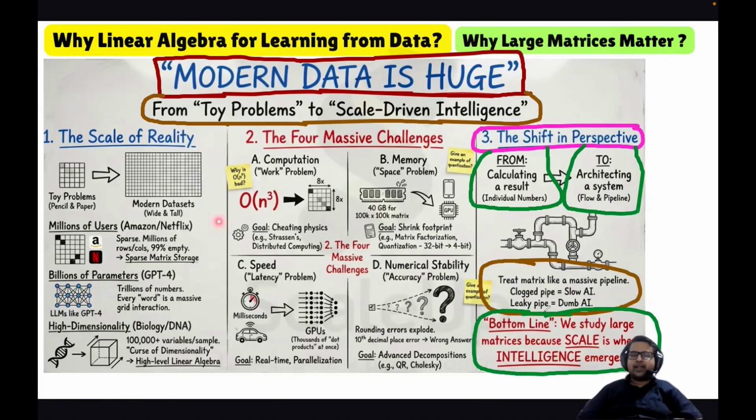And the good thing is that modern AI hardware, the GPUs and TPUs, support large matrices. They can carry out billions of matrix operations simultaneously. And when we consider large matrices, we are considering the complete system. Scale is where the intelligence emerges. So this is the importance of large matrices.